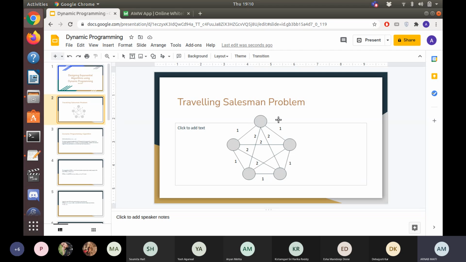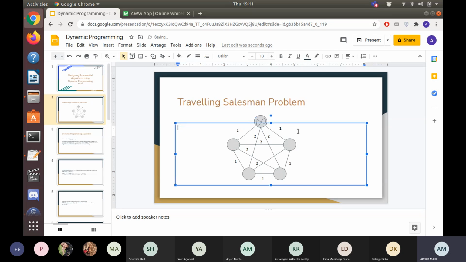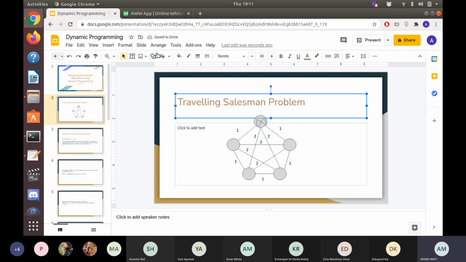Not exactly a cycle. Let's mark this node here. Let me give it in terms of a real life example.